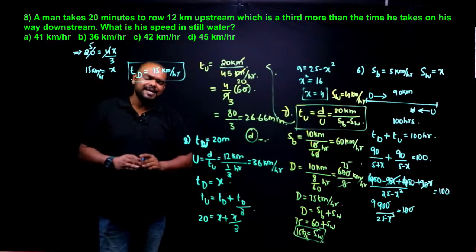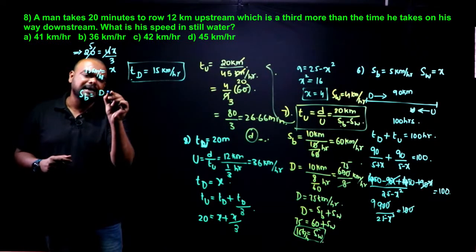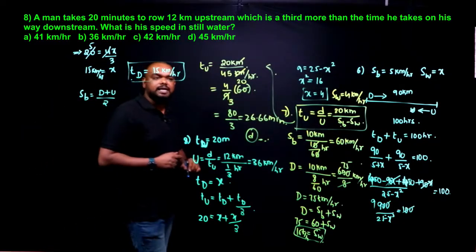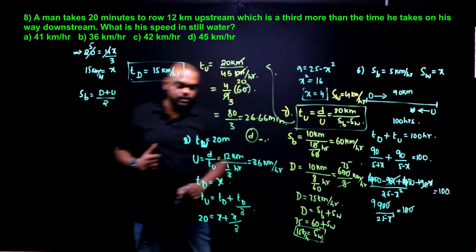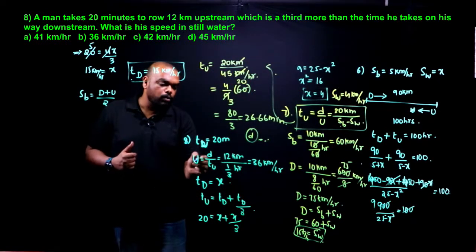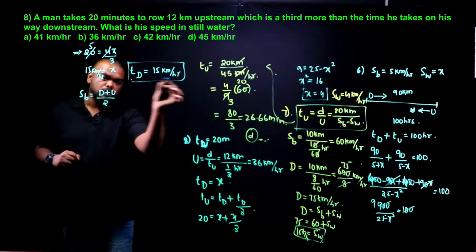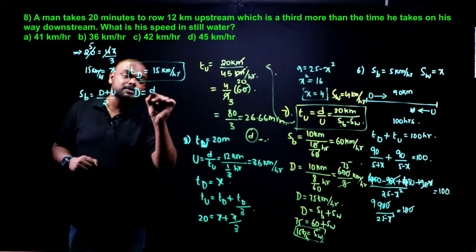We know the speed of boat in still water is (D plus U) by 2. But the problem is we have neither D nor U. Do we have them? Yes, actually. We have U value as 36. Now we have time taken during downstream, so I can calculate the downstream speed as well. How? Distance by time taken.